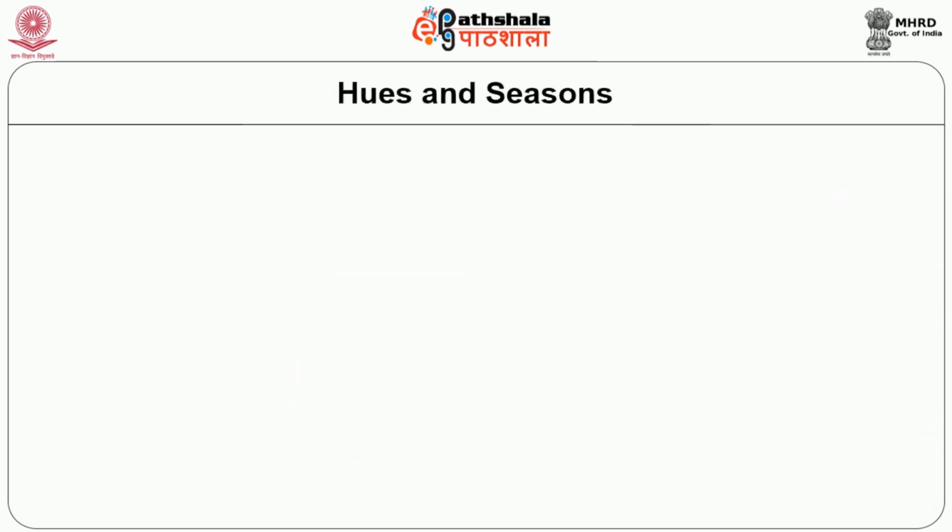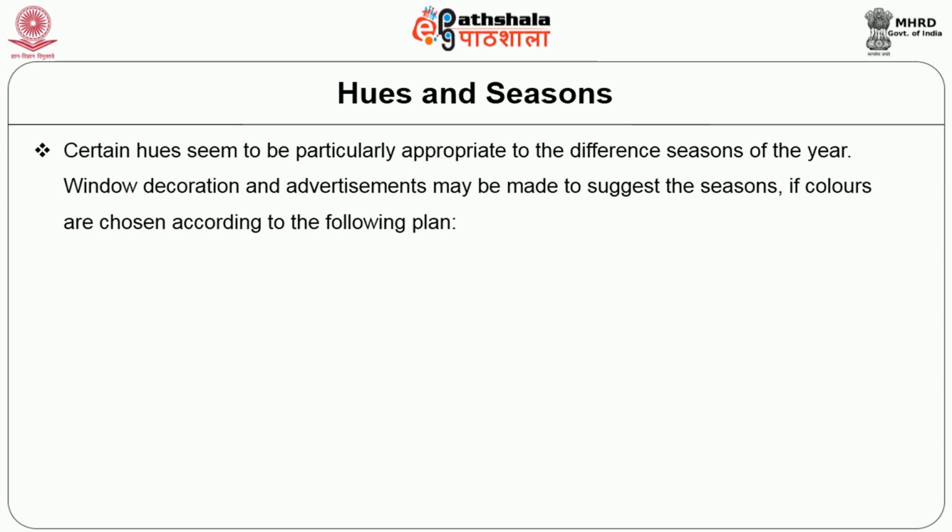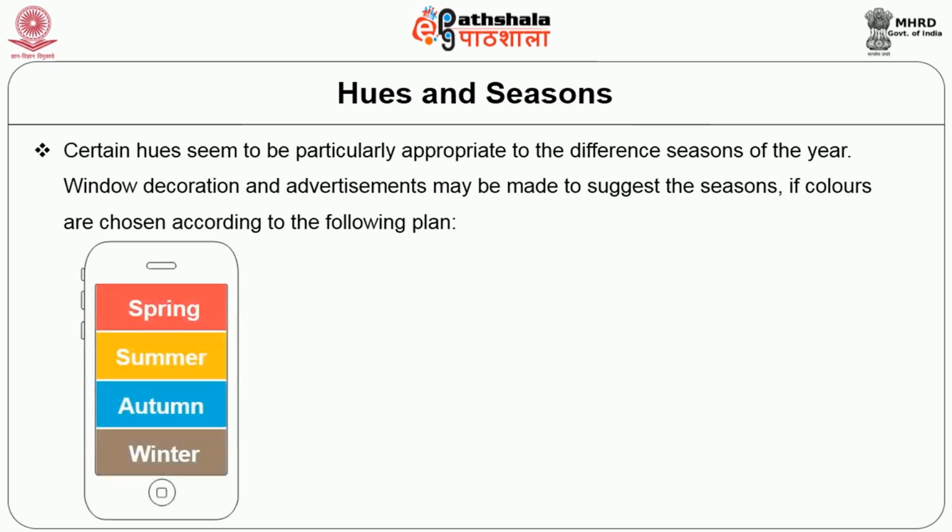Hues and seasons. We'll see the hues and seasons in detail. Certain hues seem to be particularly appropriate to the different seasons of the year. Window decoration and advertisements may be made to suggest the seasons. If colors are chosen according to the following plan, we'll see the different seasons one by one.